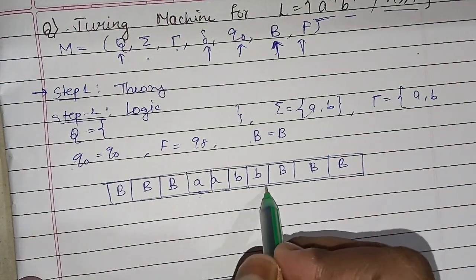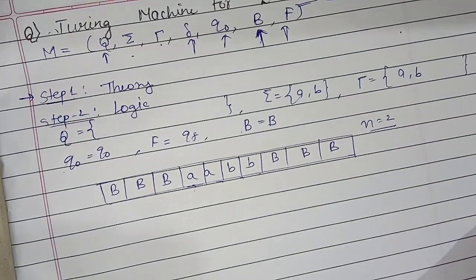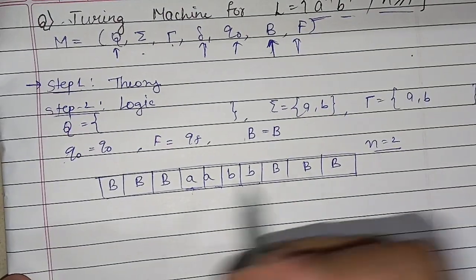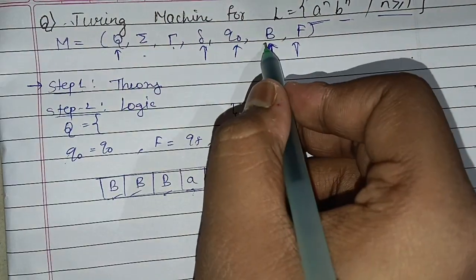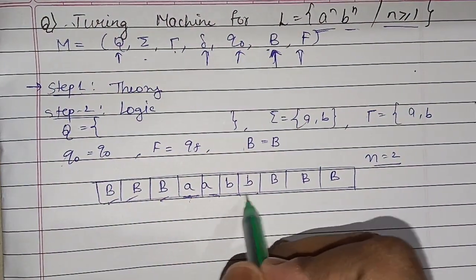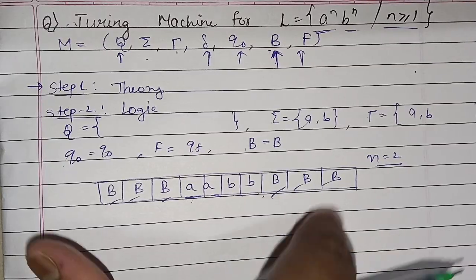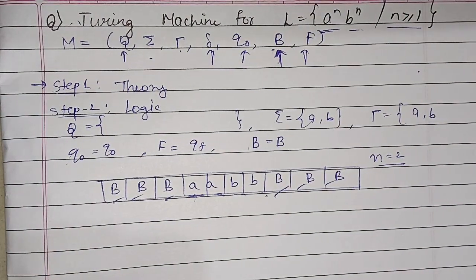These are the a's, meaning a raised to n, so I am taking here n equals 2. Then b's, these are the tape symbol, that is B, the special tape symbol, and again the blank tape symbol. In this way the input will come in the Turing machine.